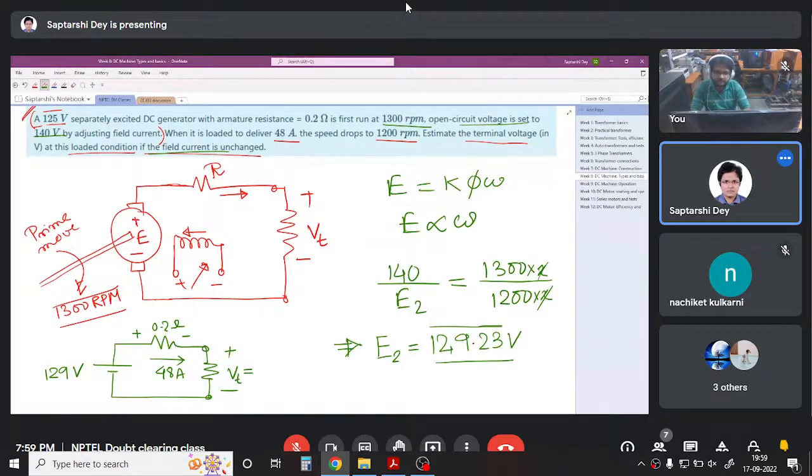Nachiket, you were responding. Simply V is equal to IR. V equals IR will give me the voltage drop here then. What rule of electrical engineering, what rule of electrical science should we apply?